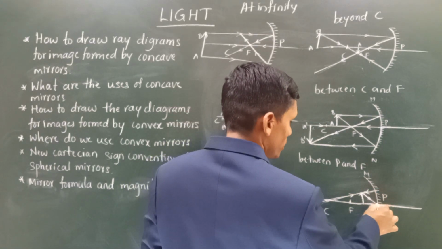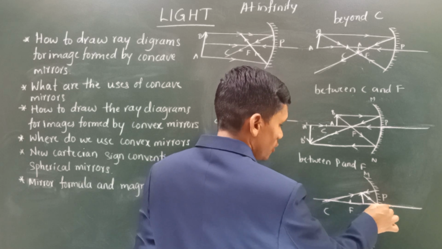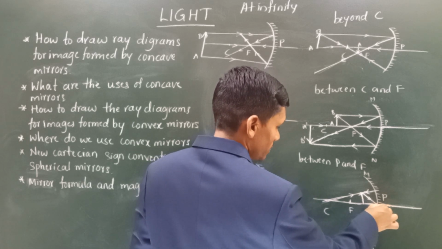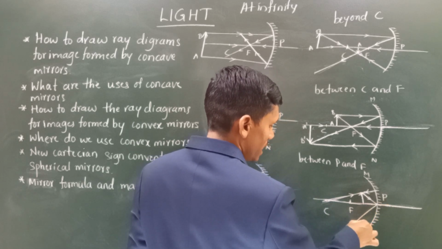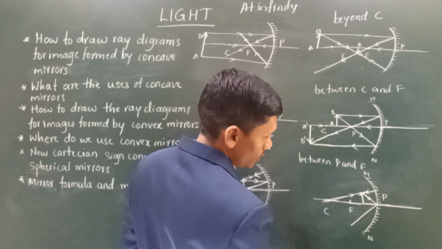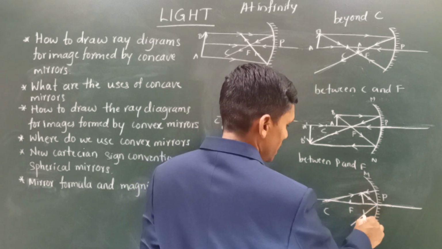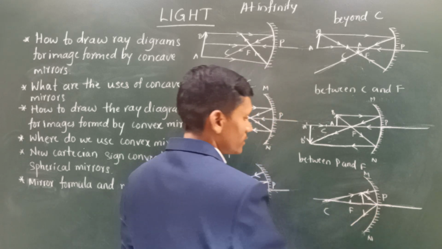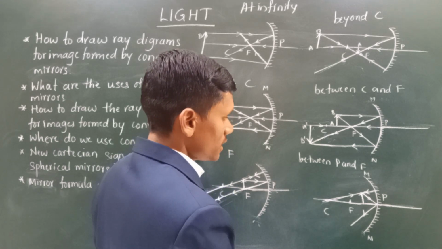The oblique one, after reflection, emerges obliquely making the same angle, following the laws of reflection. That is, the angle of incidence will be equal to the angle of reflection, right?